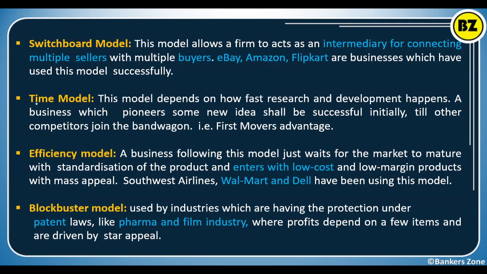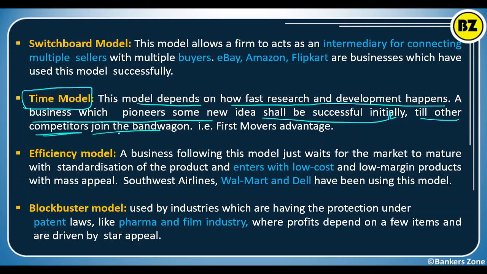Now the time model. This model depends on how fast research and development happens, and a business which pioneers some new idea shall be successful initially itself, till the other competitors join the bandwagon. What does that mean? See, if you have some idea, for example, say you have invented a car which runs on water.